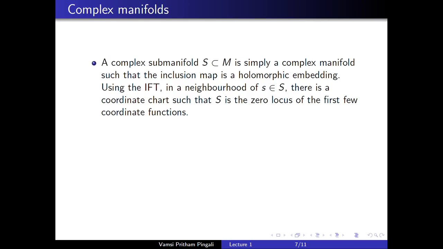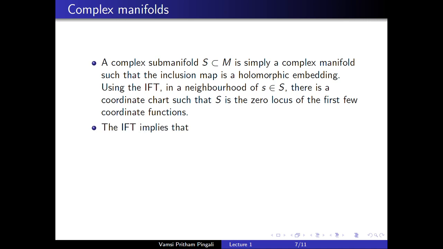Like for example, even in the smooth setting, how can you characterize submanifolds? You can always find nice coordinate charts where if you just set x1 equals 0, x2 equals 0, and so on till xk is 0, then you get the submanifold, right? In other words, the rest of the coordinates are actually coordinates on the submanifold. The same philosophy holds even in the complex setting.